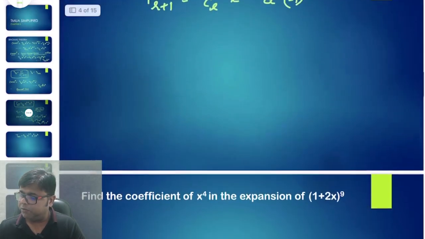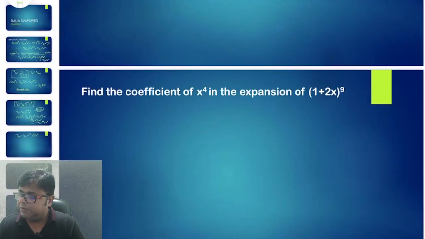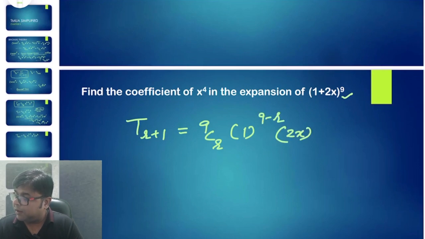Now let's understand through few applications. Now they're saying find x to the power 4 in the expansion of (1 plus 2x) to the power 9. Now I know if I look at my expansion general term T(r+1), I will be getting nCr, that n I know is 9, 9Cr 1 to the power 9 minus r (2x) to the power r.